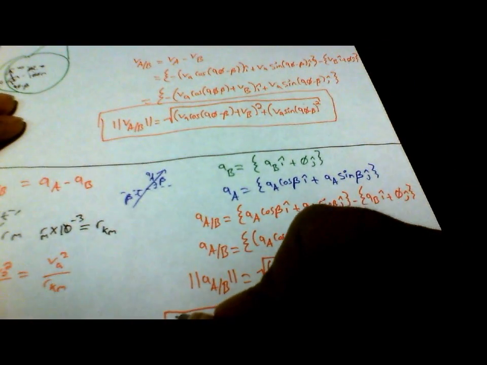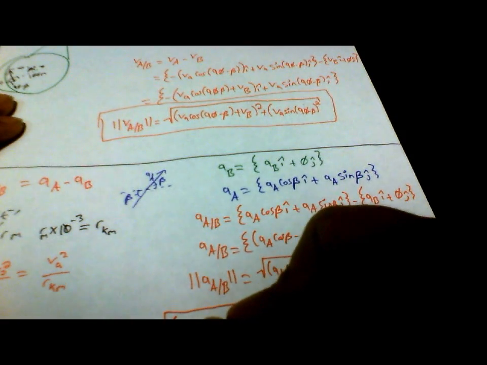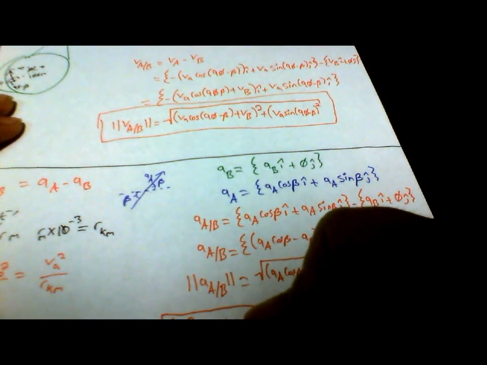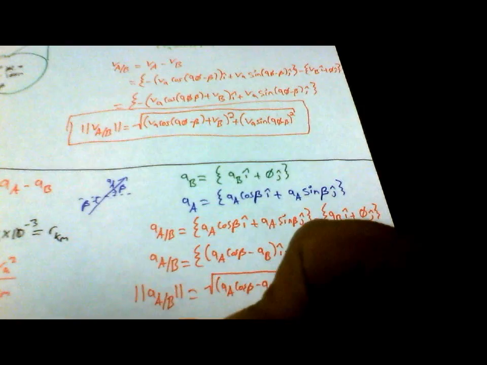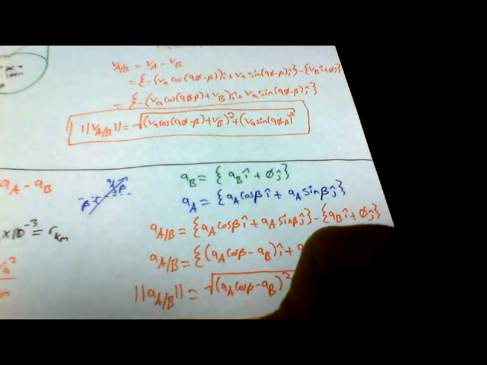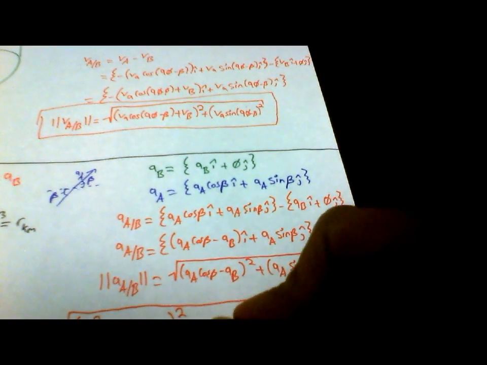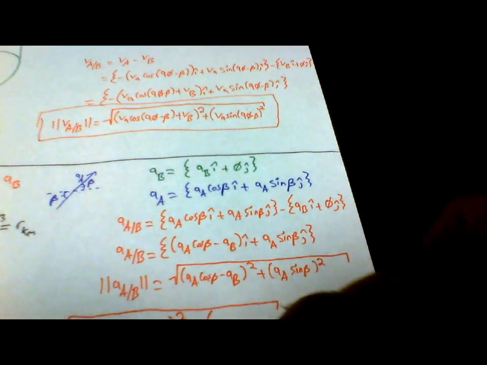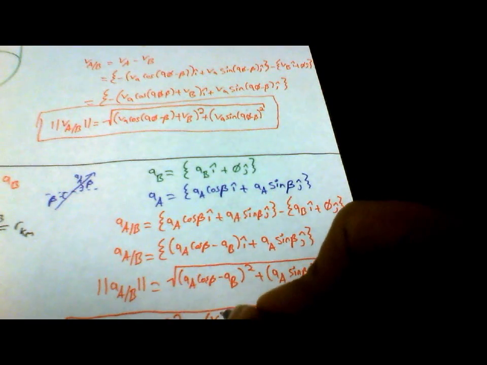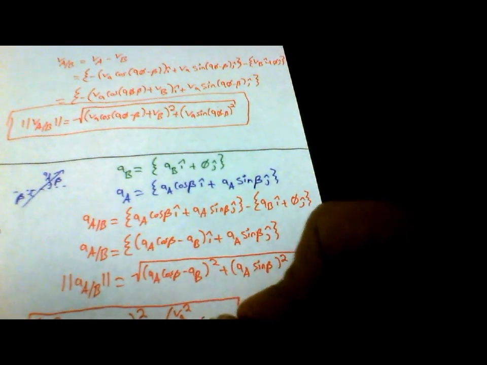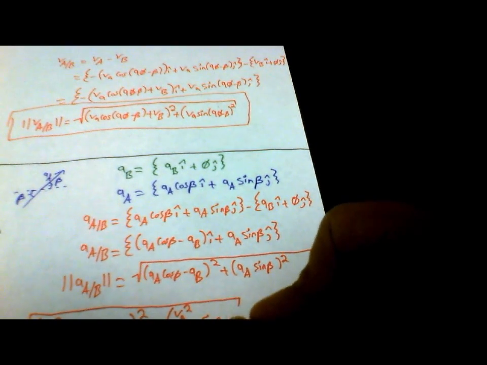So we have VA squared over R km cos beta minus acceleration of B, squared, plus VA squared over R km sine beta, squared.